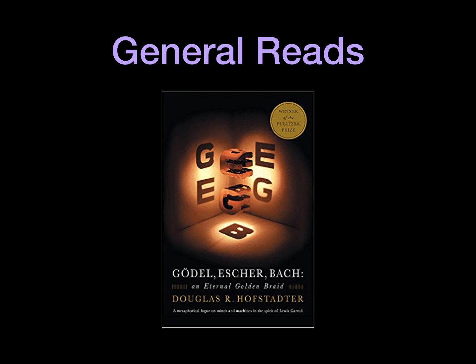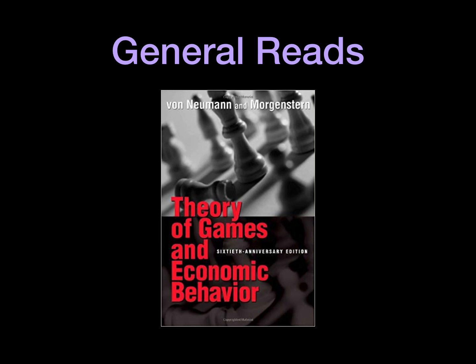The first one I recommend is a Pulitzer Prize book. Really good book, really easy read, but really general good book. Another one, which is a classical book by von Neumann that was written many years ago, but basically had a huge influence on the early days of artificial intelligence and machine learning, is this one here, Theory of Games and Economic Behavior.